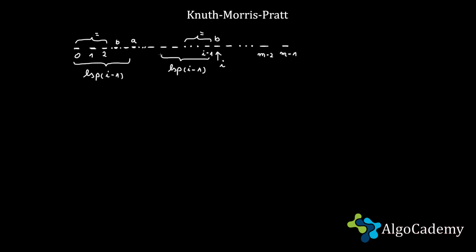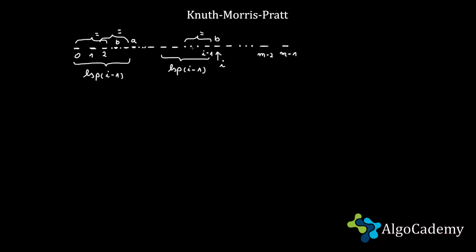The beautiful part here is that also these two, remember, of length LSP of I minus 1 were equal. So if this was the same as this, then this suffix will also be a suffix here. So I will also have some suffix which is going to be equal to this one and of course equal to this one. This is interesting.